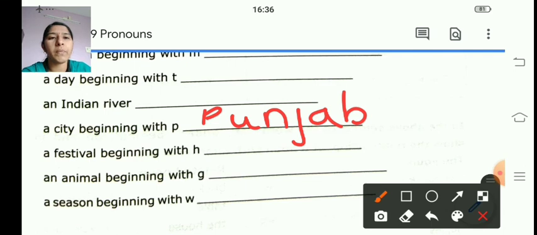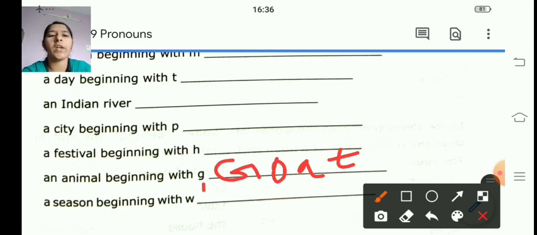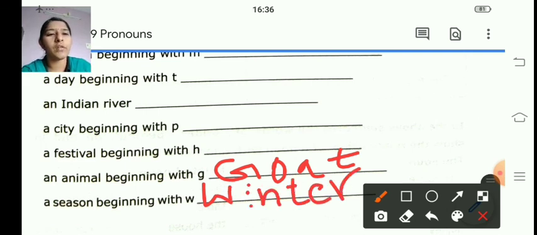A festival beginning with H, you can write Holi. And an animal beginning with G, you can use capital G here, goat, right? A season beginning with W, winter. So actually I have done it for you. This I have helped you with. So remaining things you just complete, children.